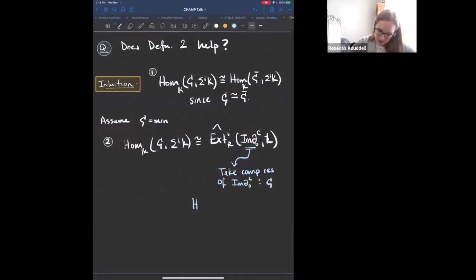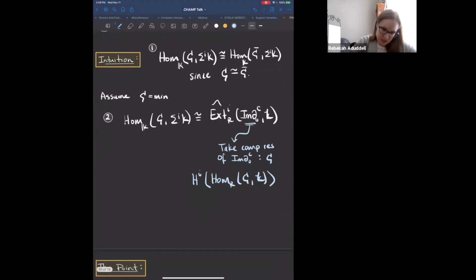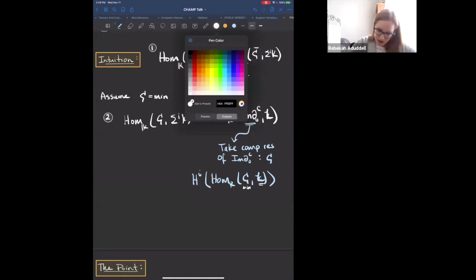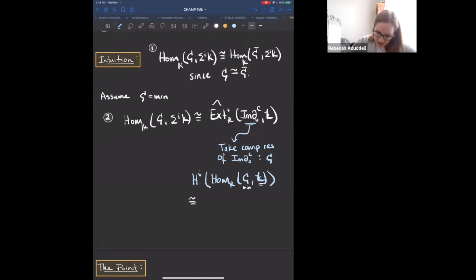And then you look at the cohomology of Hom_R(C, k). Now, as it turns out in this case, because we took C to be minimal and k is the residue field, that turns out to just be Hom_R(C_i, k).